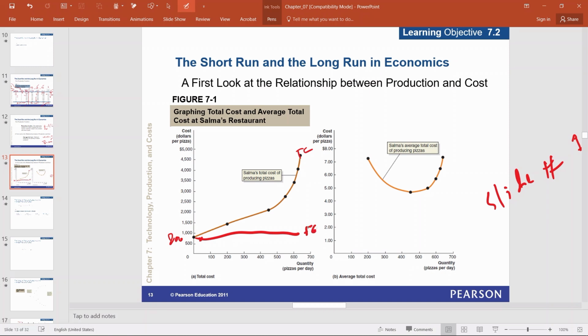And here is going to be the variable cost. And this is the average cost, which is total cost over the level of production. It gives you a U-shaped average cost, average total cost.